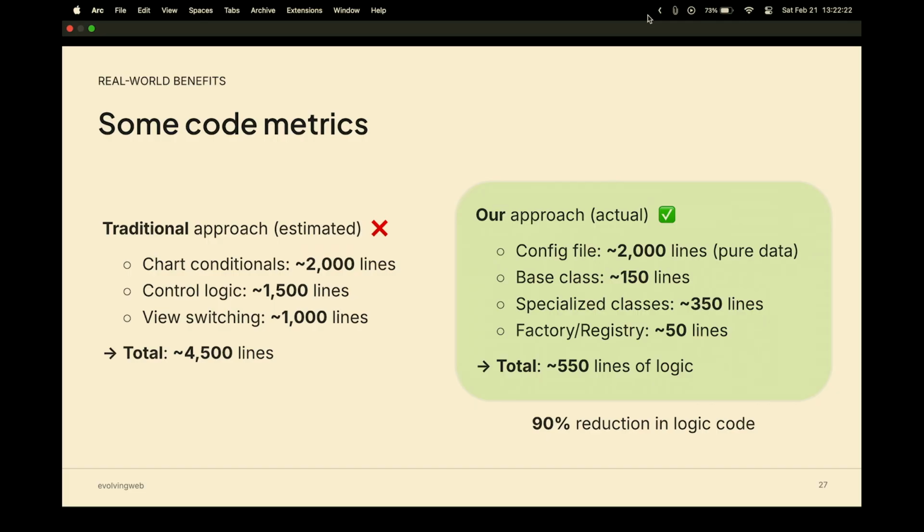But in the logic code, we will have way less code than in the traditional approach. I evaluate that at a 90% reduction of logic code, and that's important, especially for a dev team to maintain.